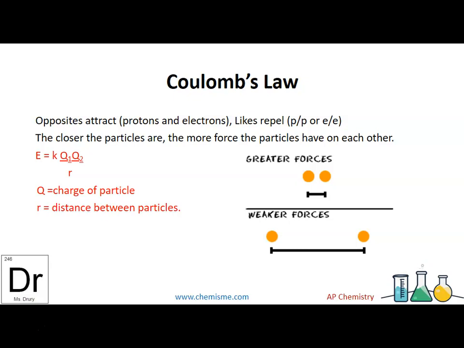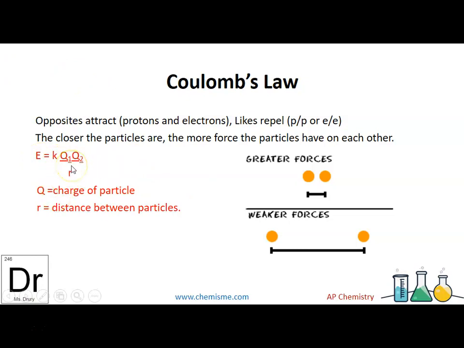In that case, what we're saying is, if the 2 protons are both positive, that's not as good as if we have a proton that's positive and an electron that's negative. Not only that, the more of them we have, the higher the charges will be. If I have only 1 proton and 1 electron, the Q's will be 1. But if I have 15 protons and 15 electrons, the charges will both be 15. So the higher the charges are, the higher this Coulomb's Law energy will be, or the harder it will be to remove them.